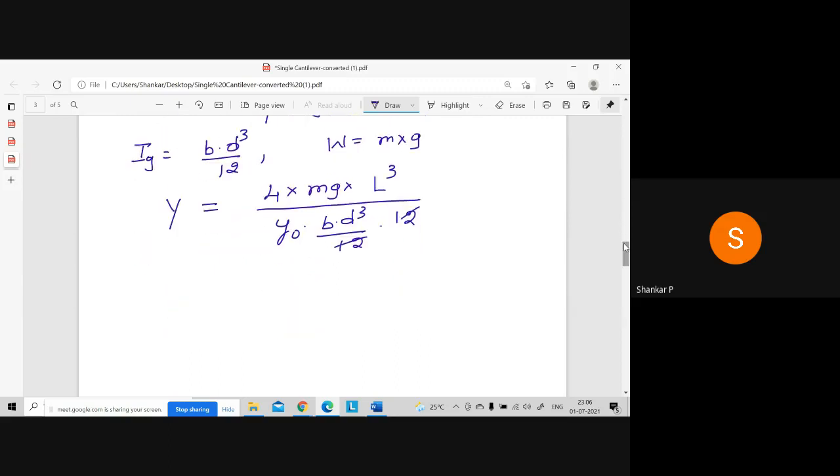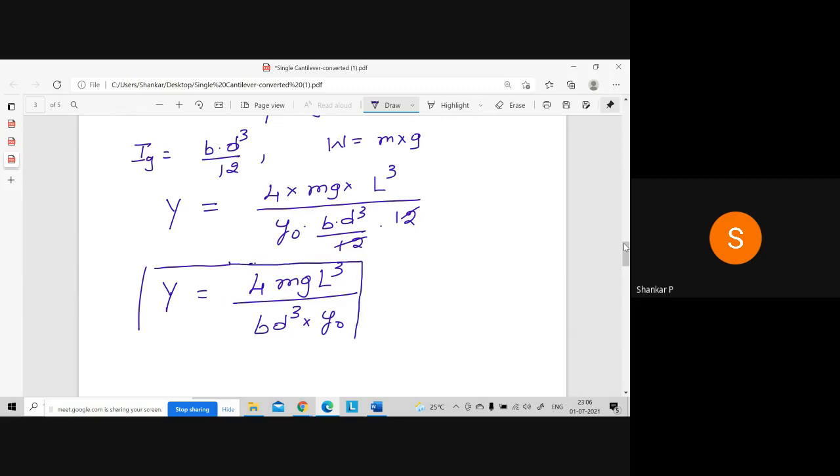So the final expression for Young's modulus of a single cantilever becomes 4 mg L cube divided by BD cube into y naught. So this is the expression for Young's modulus of single cantilever. I hope you understood the Young's modulus of single cantilever. Thank you for watching.